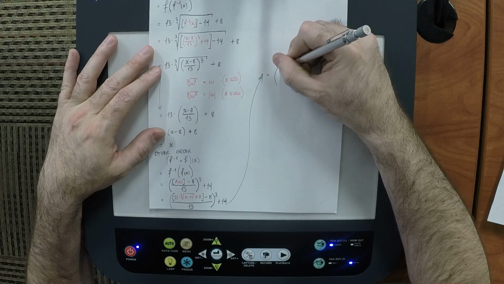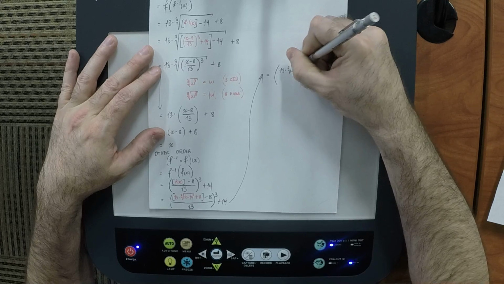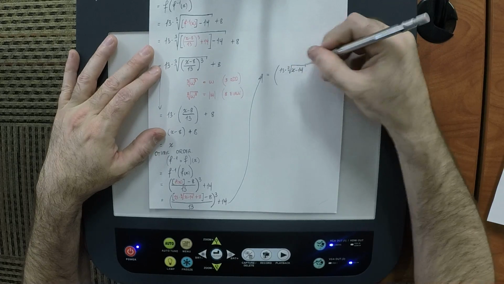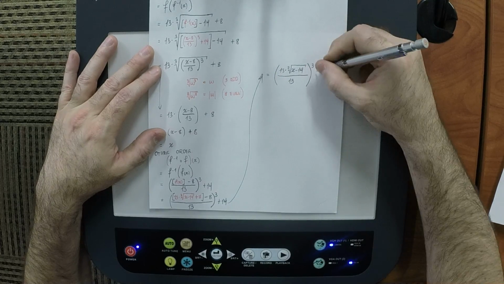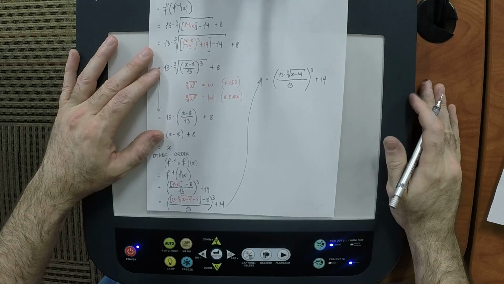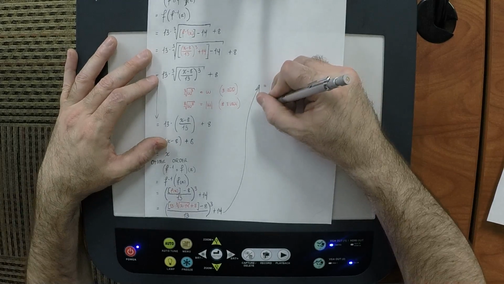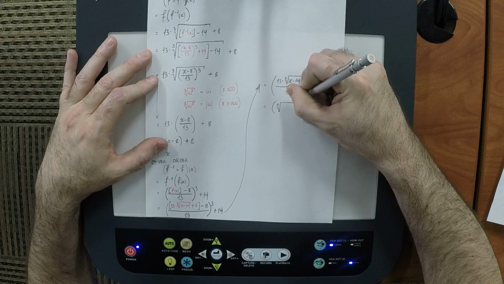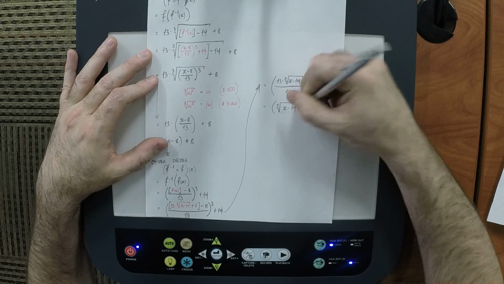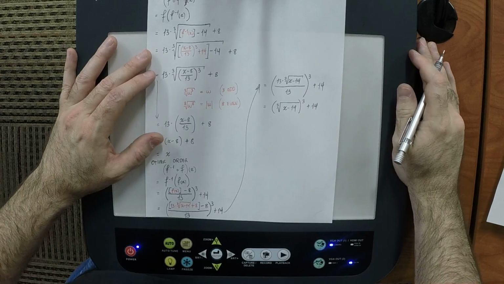And we have the following, that it would be 13 multiplied by cube root of x minus 14, all of that over 13, all of that to exponent 3, and then add 14. Now what? The 13's cancel. Now what?